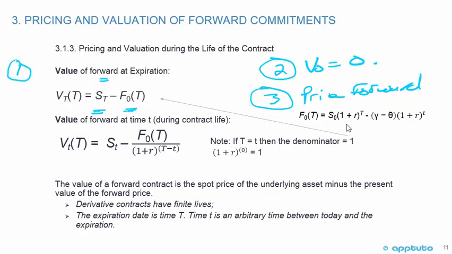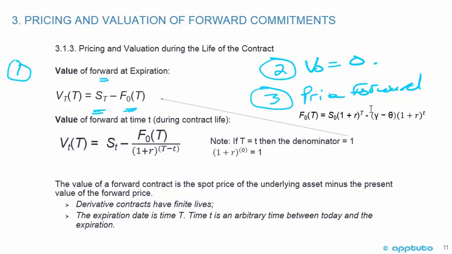Forward price equals the spot price times 1 plus the risk-free rate to the power of T. That's the future value of the spot price, the carrying cost, minus the future value of the benefits minus the costs. So it's benefits minus the cost times 1 plus r to the T as well.